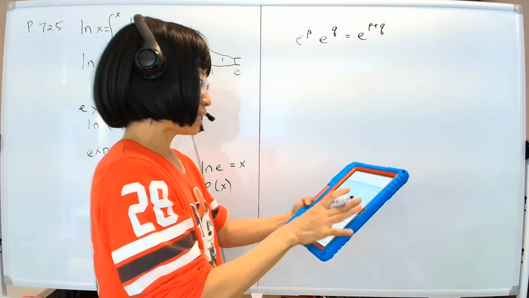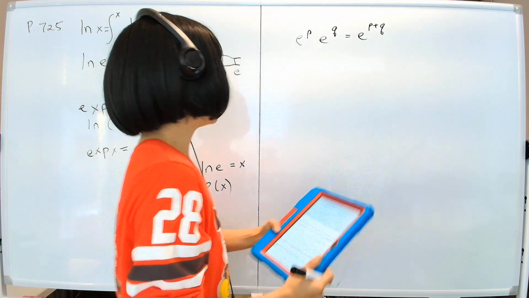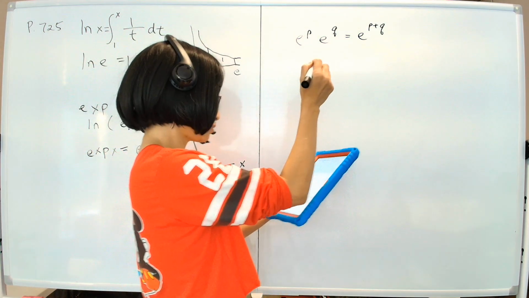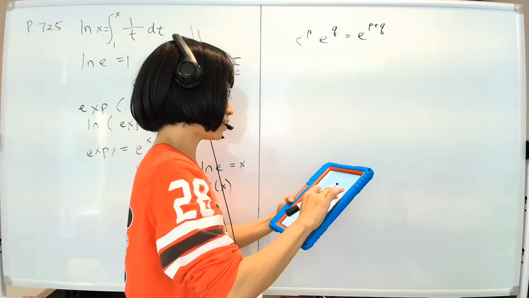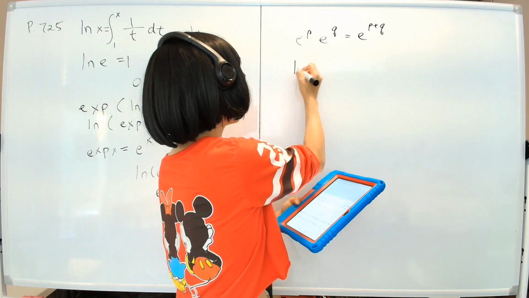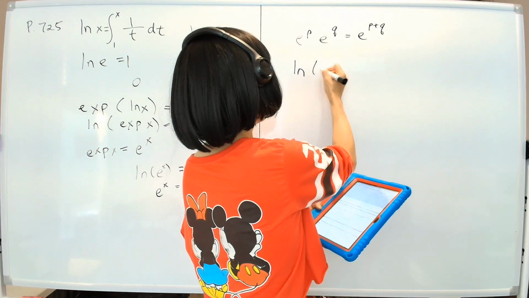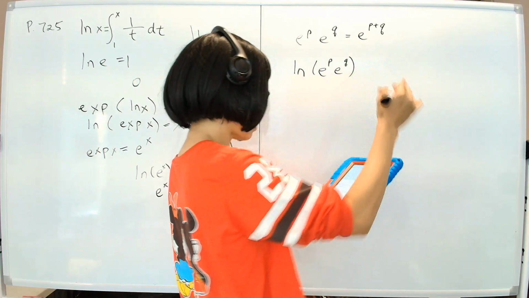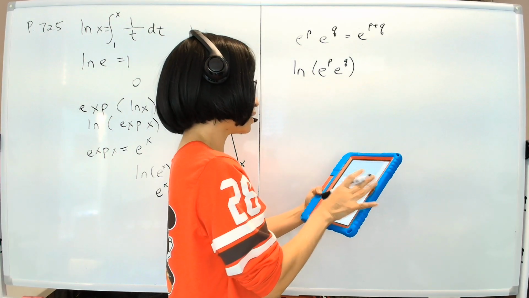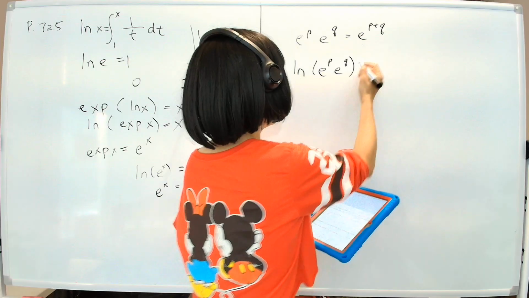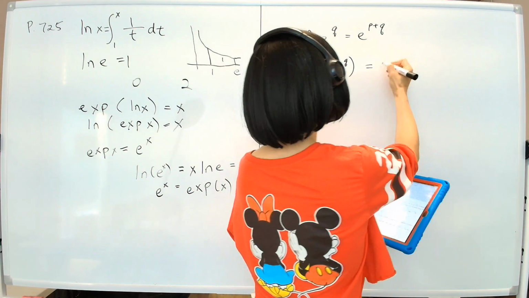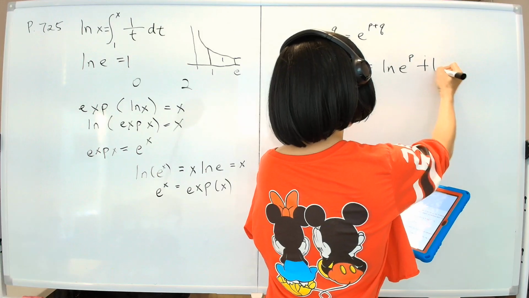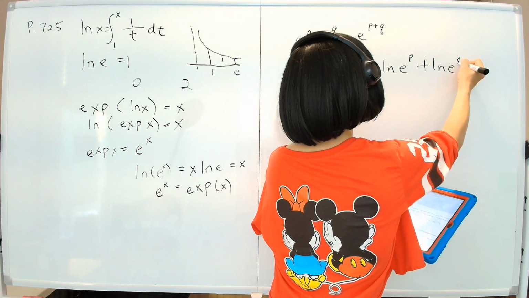Okay, so how do you prove that? The alien will use the newly developed natural log function to prove it, and by the definition of e. So the natural log of e to the p times e to the q, where p and q are irrational, equals the natural log of the individual ones, natural log of e to the power p plus natural log of e to the power q.